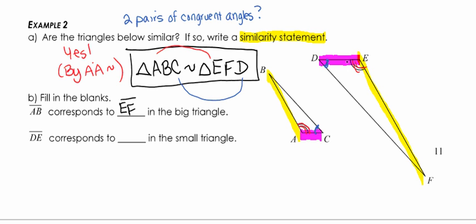And then DE is going to correspond with AC or CA in the smaller triangle. And again, that's very similar to what we did with congruent triangles, except now our triangles are similar. But the idea of matching up the corresponding parts is exactly the same. So this should look a little familiar.